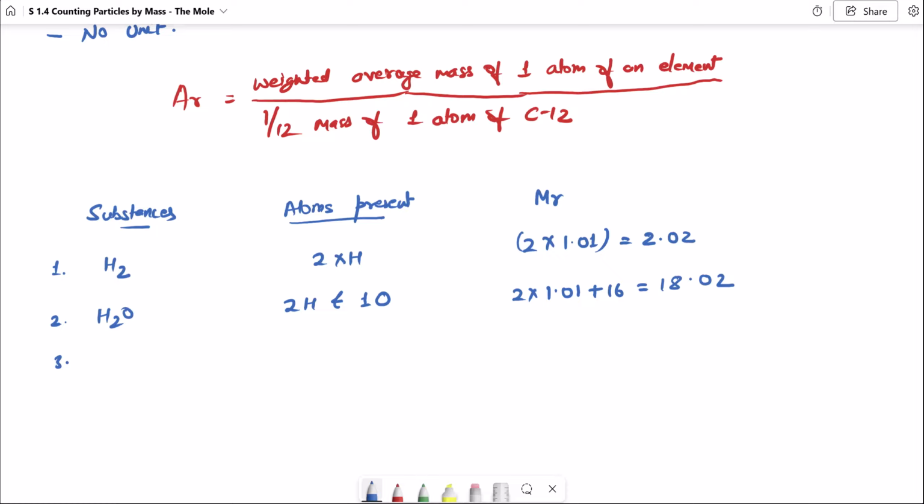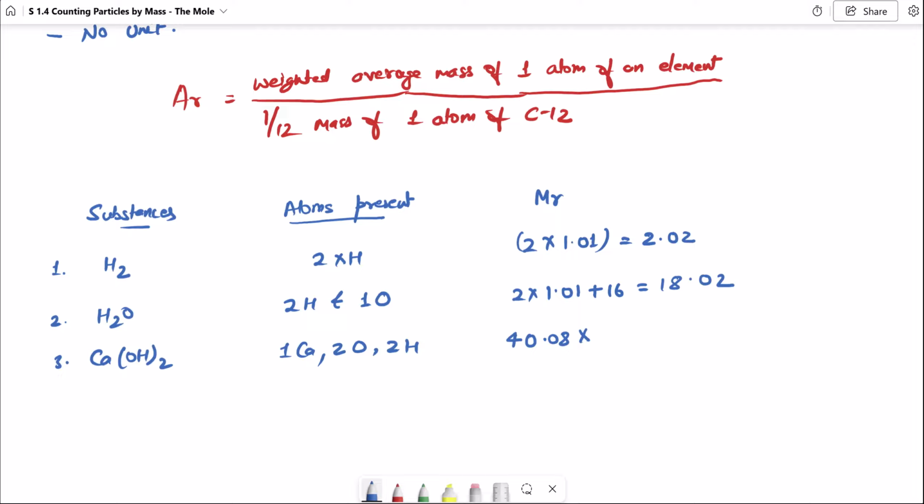If I have to calculate, let's say, Ca(OH)2, calcium hydroxide. So we have 1 calcium, right? We have 2 oxygen and we have 2 hydrogen. So it is written like this. Mass of calcium is 40.08. And there's a bracket, right? So bracket means it is now going to be multiplied.